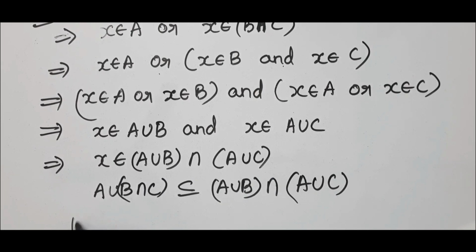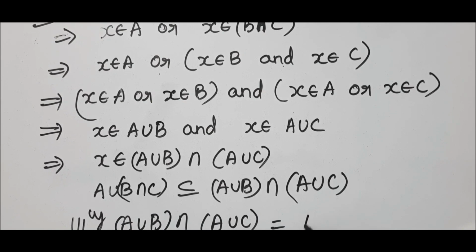Okay, similarly we can prove that (A union B) intersection (A union C) is a subset of A union (B intersection C).